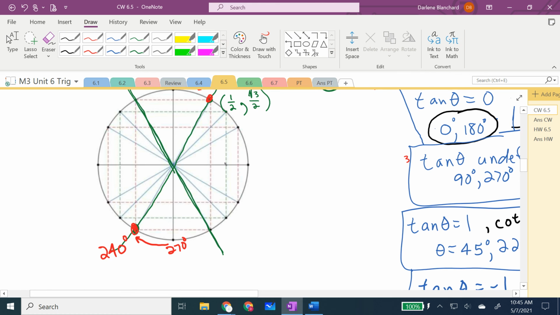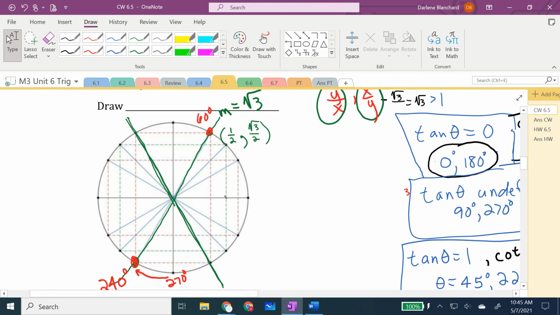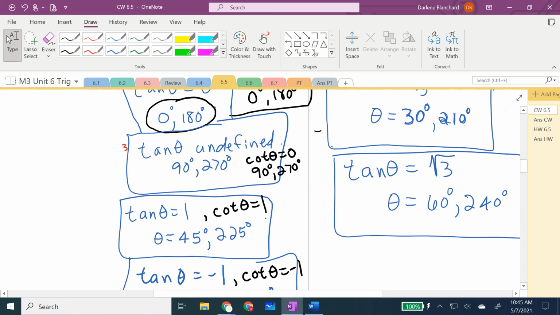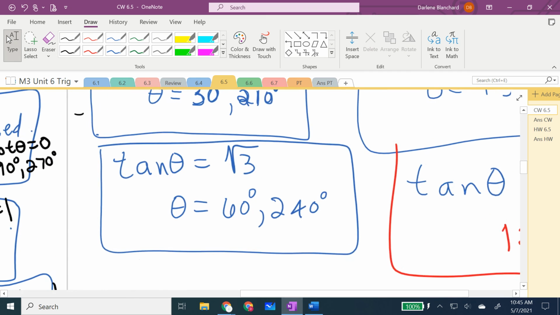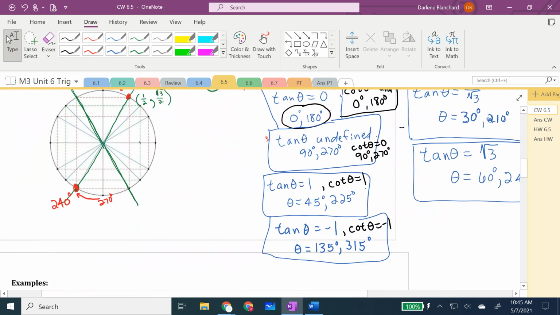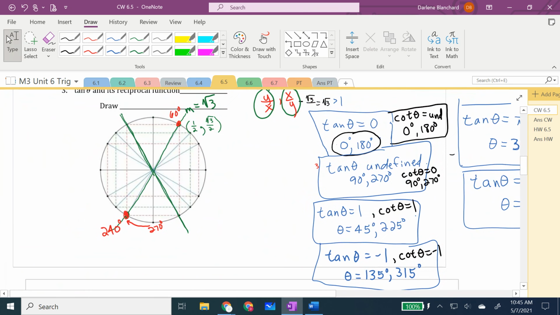Those are the two angles where my tangent's value is positive root 3. Then I have a negative slope that is also root 3, but it's negative.